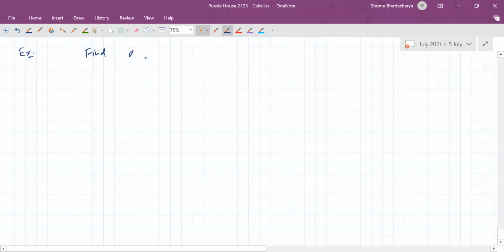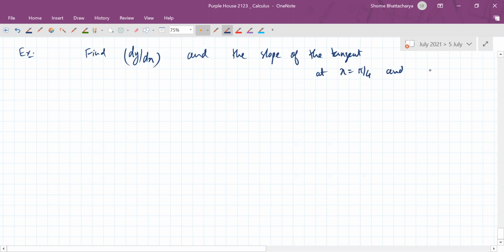Find dy by dx, and the slope of the tangent at x equal to pi by 4 and x equal to 5 pi by 4. So just try this out. Now you know all the formulae we've discussed for this.